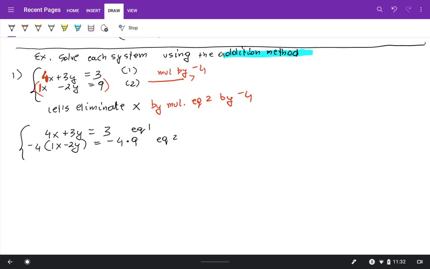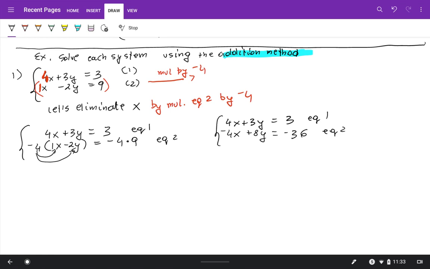Equation 1 is still 4x plus 3y equal 3. The second equation, I'm going to distribute that -4 to both. So we'll end up with -4x plus 8y equal -36. So that's the equivalent equation 2.